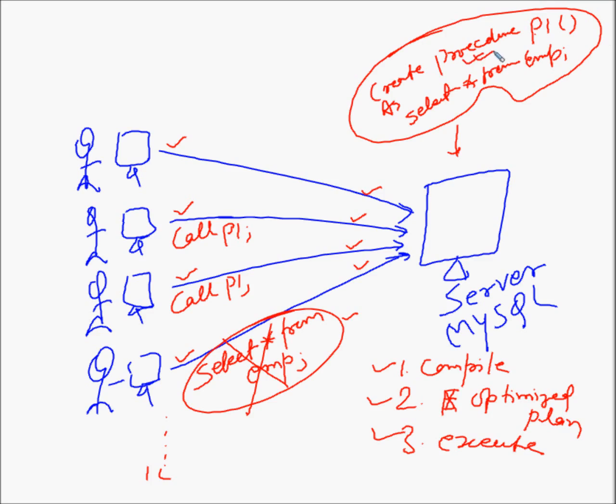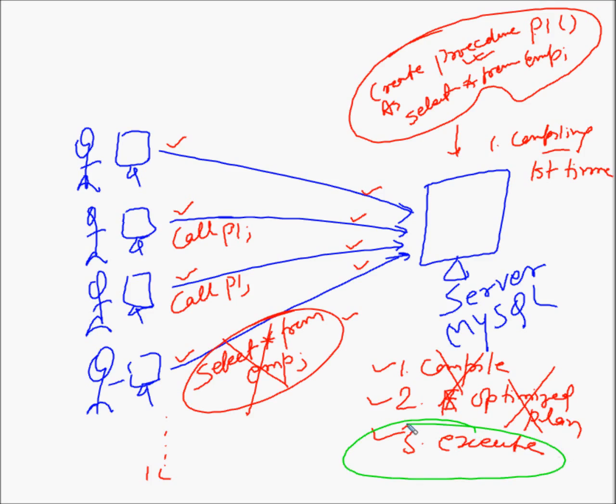This procedure gets compiled the first time only. Now if these clients are calling this procedure, CALL P1, then what is the server doing? It is not compiling, it is not generating the best plan, right? It is just executing the code and returning the results to the client.